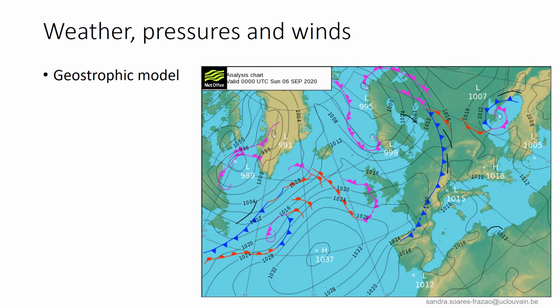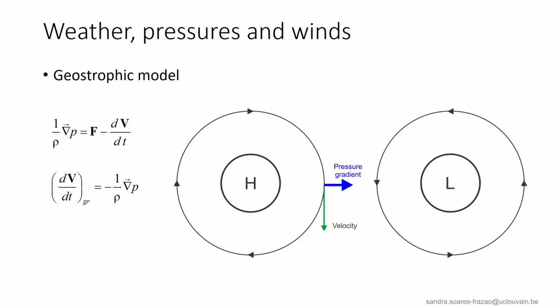As a first approximation, we could consider that winds will follow the lines of steepest pressure gradient that are normal to the isobars and go from high to low pressure. So this is what is called the geostrophic model.